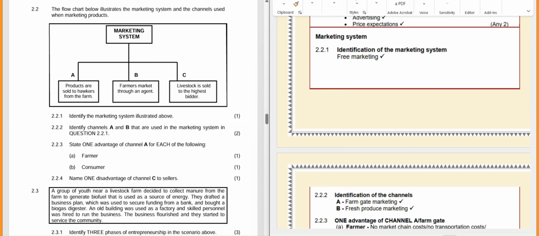So letter B matches with fresh produce market.